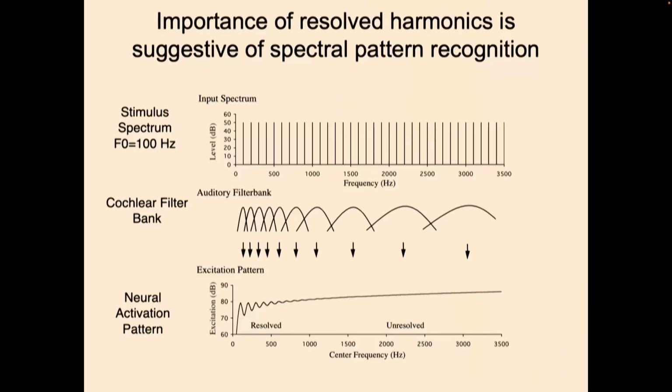Okay, so you're all normal, which is to say your pitch discrimination is better when you have low-numbered harmonics, right? So that's just sort of this fact about human hearing. Okay, so the standard inference from that result is that it is suggestive that pitch perception involves some form of spectral pattern recognition, right?